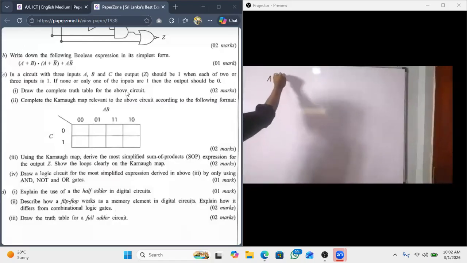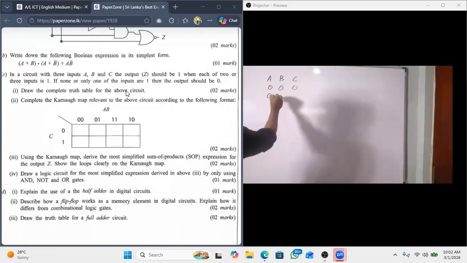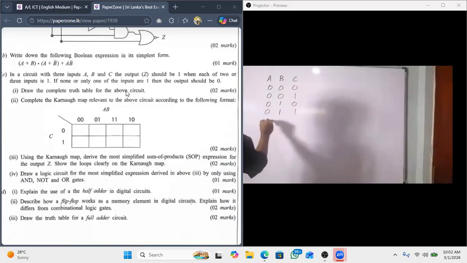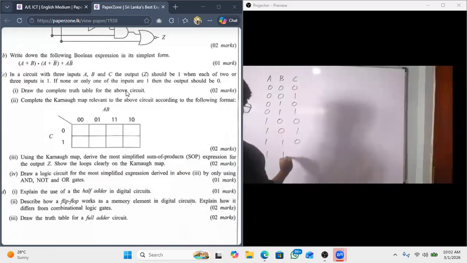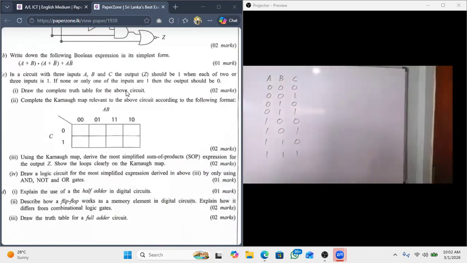We have A, we have B, we have C: 0, 0, 0; 0, 0, 1; 0, 1, 0; 0, 1, 1; 1, 0, 0; 1, 0, 1; 1, 1, 0; 1, 1, 1. Then the Z column, our output, is the Z column.